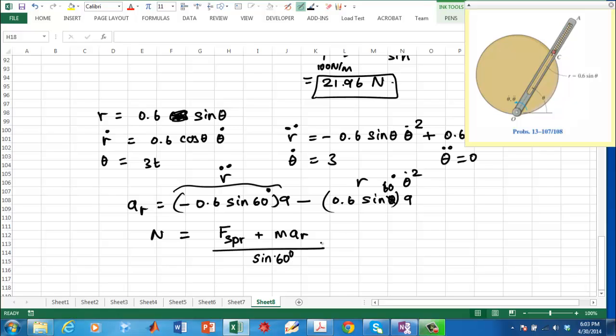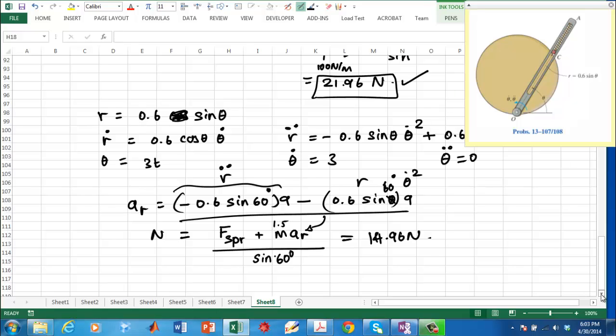This turns out to be 14.96 newtons. Mass is 1.5, a_r is there, substitute.